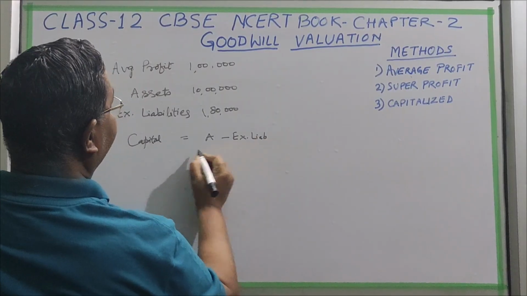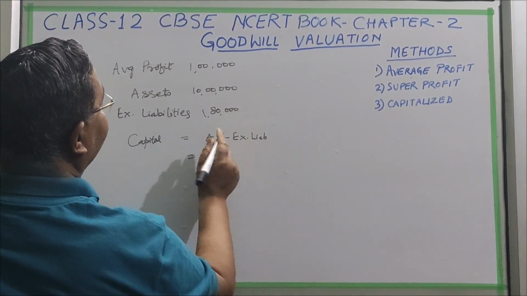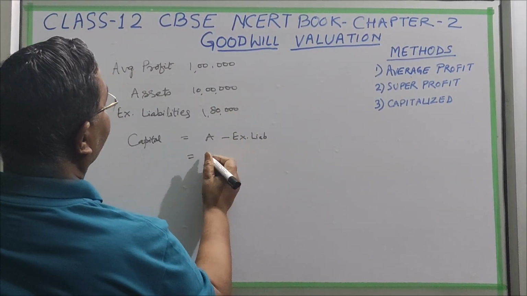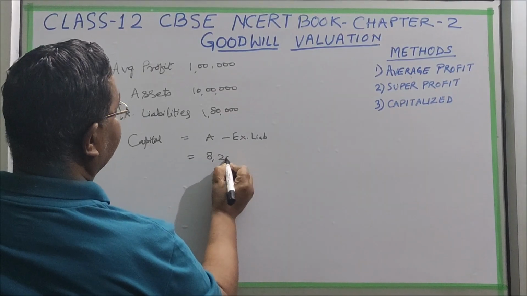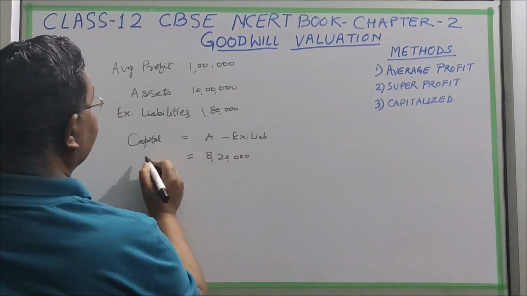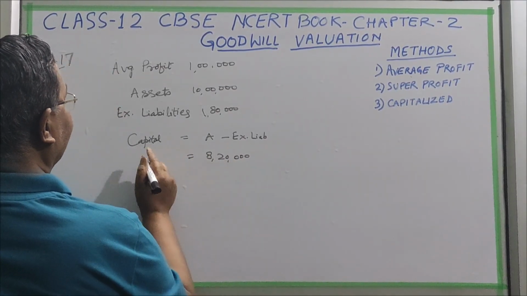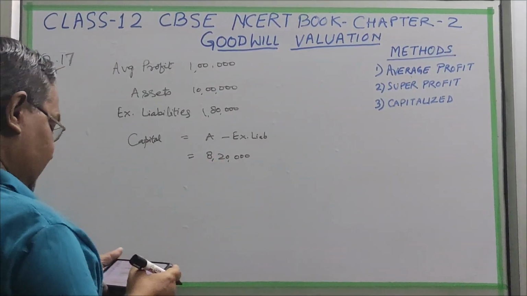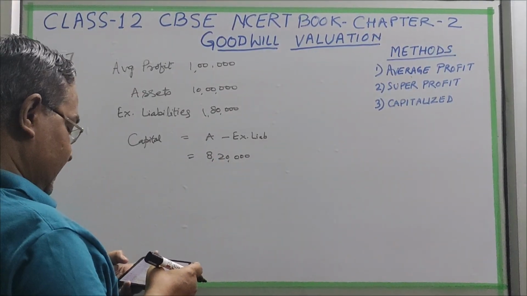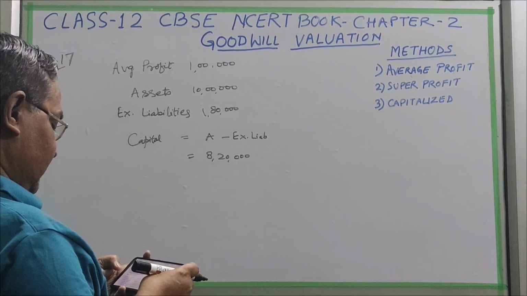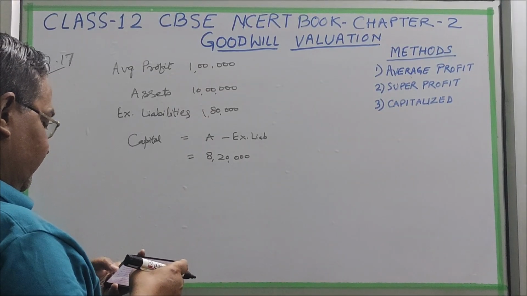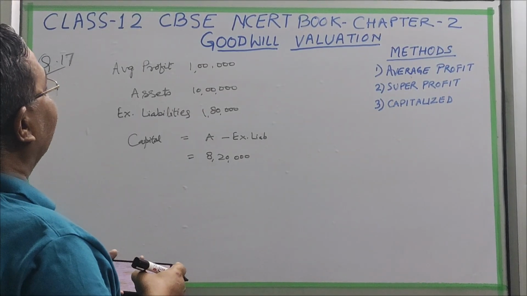So your assets are 10 lakhs, 1,80,000 will go out, and 8,20,000 will remain. This is the capital of the firm. The average profit is 1 lakh. Find out the value of goodwill by the capitalized method.